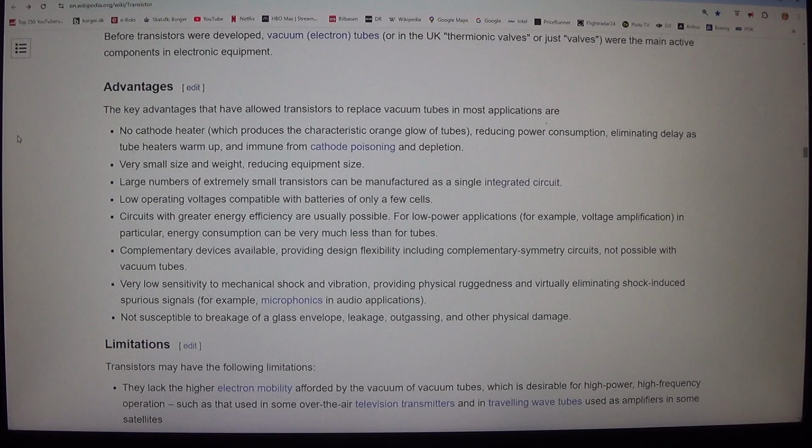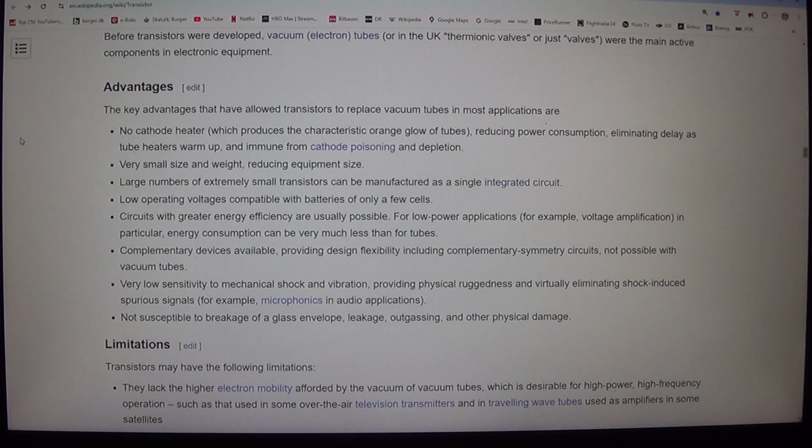For low power applications, for example, voltage amplification, in particular, energy consumption can be very much less than for tubes. 6. Complementary devices available, providing design flexibility including complementary symmetry circuits, not possible with vacuum tubes.